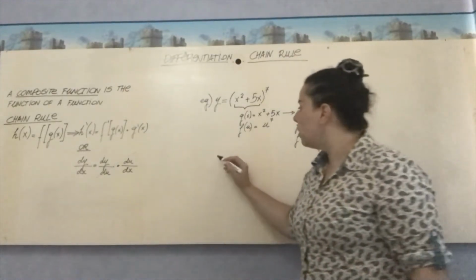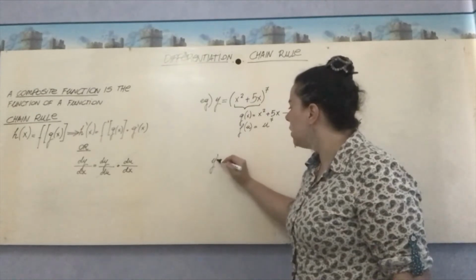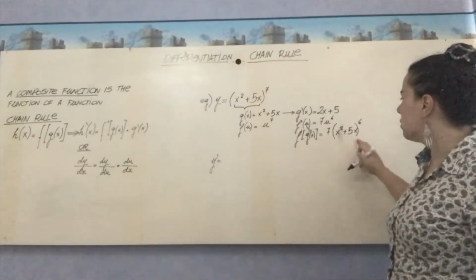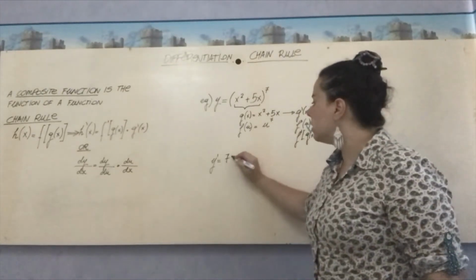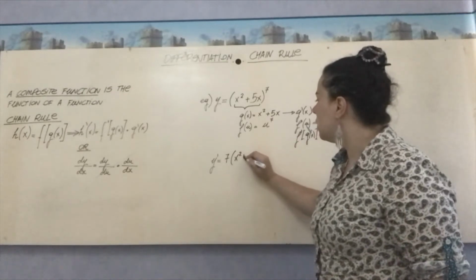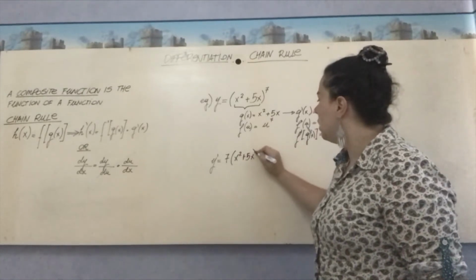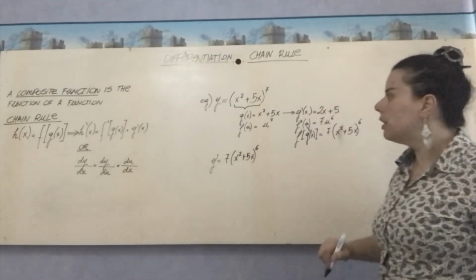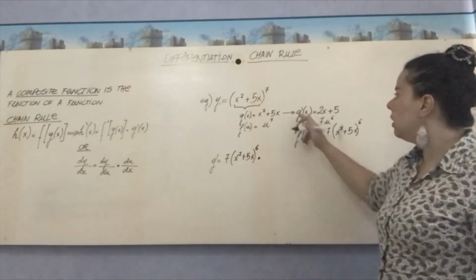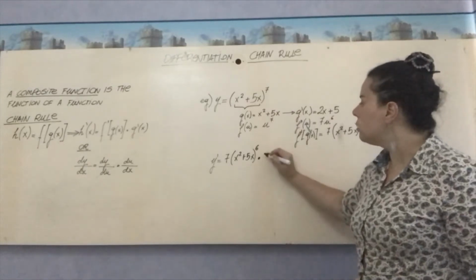Okay, so my chain rule tells me that y prime is going to be f prime of g of x. So it's going to be 7 g of x, all of these, x squared plus 5x, all of that to the power of 6, times, now I'm going to put the times there, not that we would write it, g prime of x.